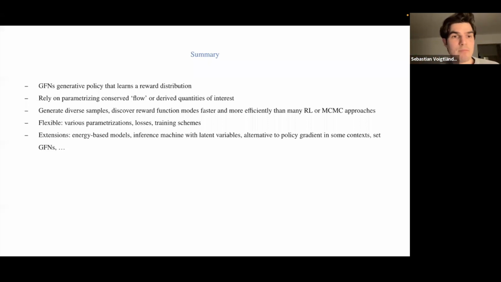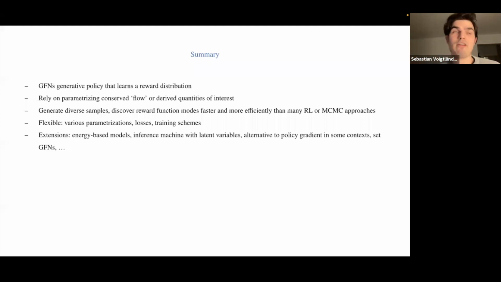They have been empirically shown to generate very diverse samples. And the flexibility and generality of their theoretical framework allows for many extensions. For instance, as was mentioned in the beginning, you can build inference machines with and without latent variables from them.